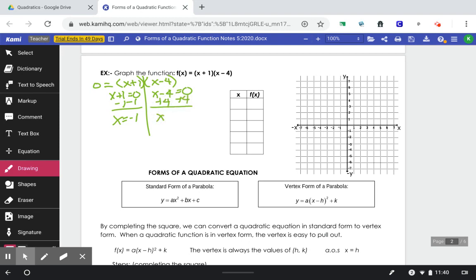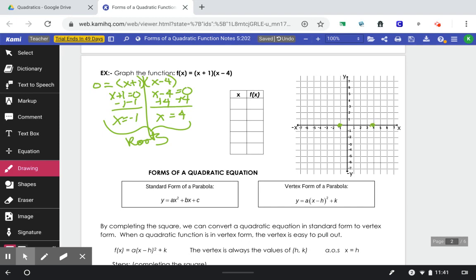Add 4 to both sides, and I get x equals +4. Okay, so these are my roots right here. So I know I'm going to go through -1, and I'm going to go through +4.